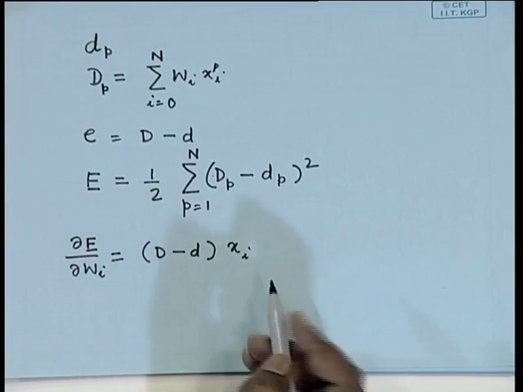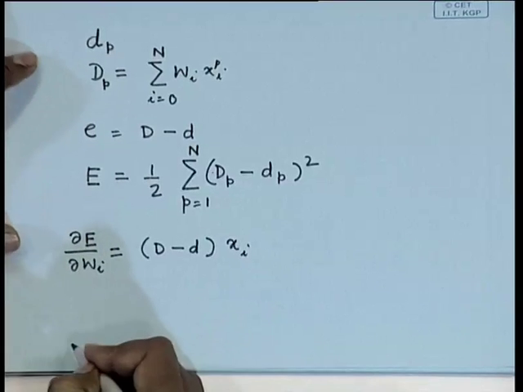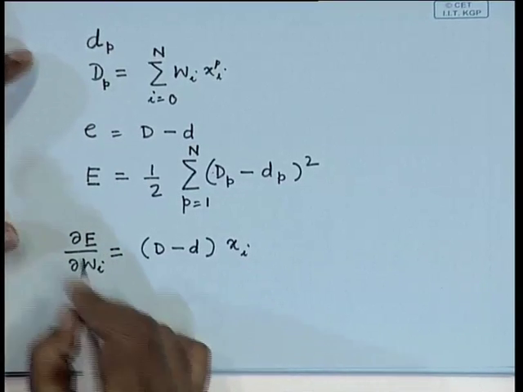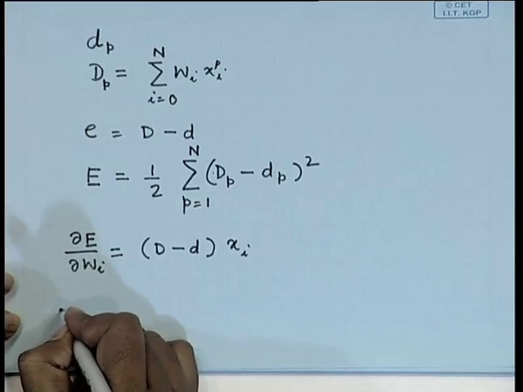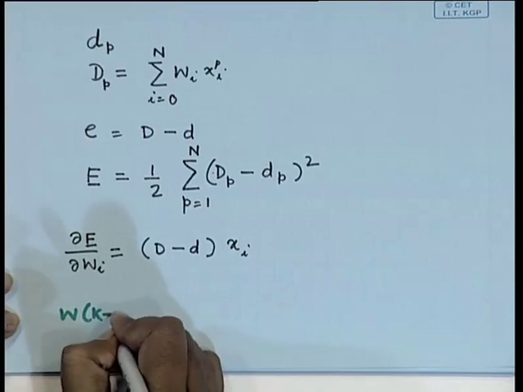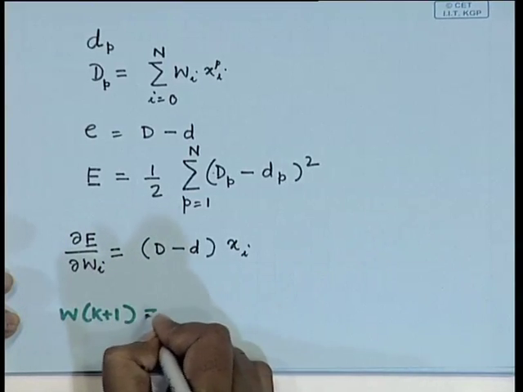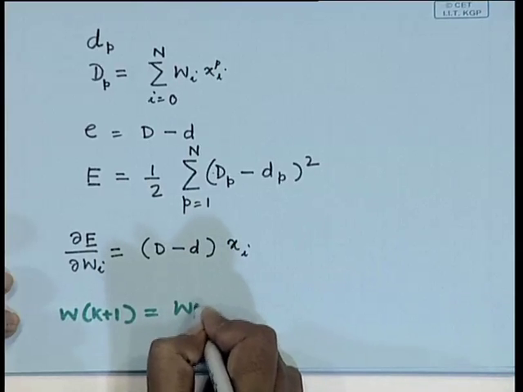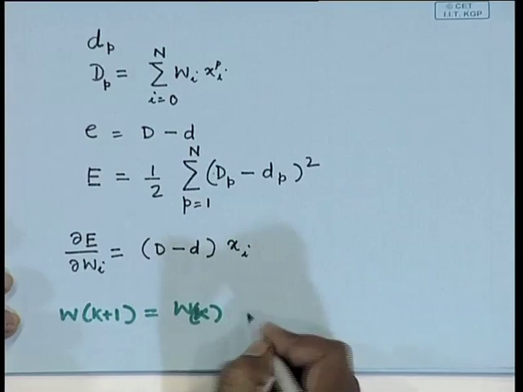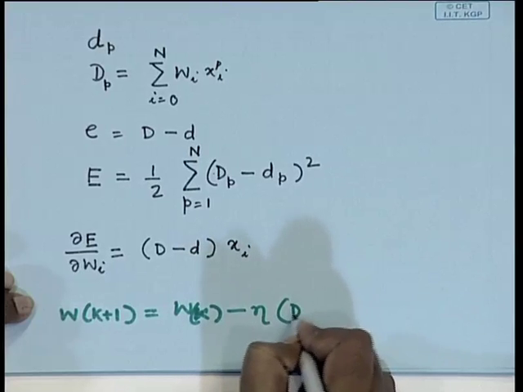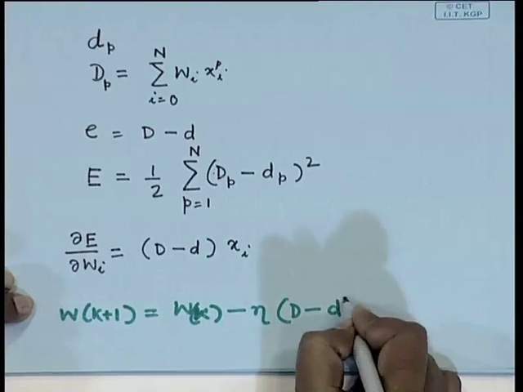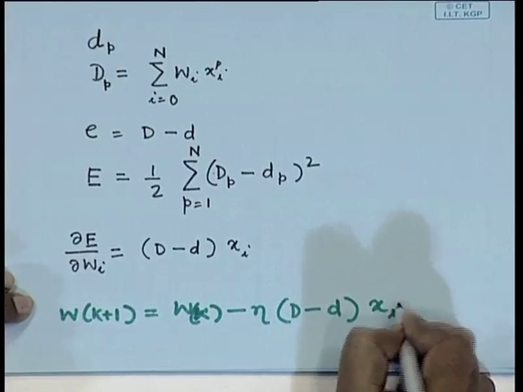Accordingly, our weight updation rule will be w k plus 1 is equal to w k, following that gradient descent procedure, minus eta times d minus d into x i.